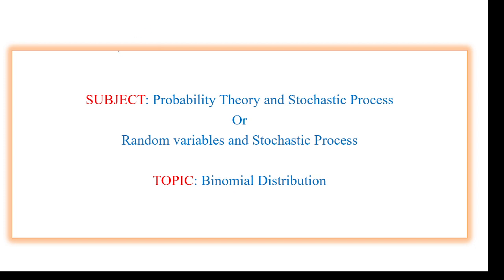Coming to the binomial distribution, it is used to find the probabilities for the given experiment, but it has one condition to calculate the probabilities. The condition is that it should have only two outcomes.